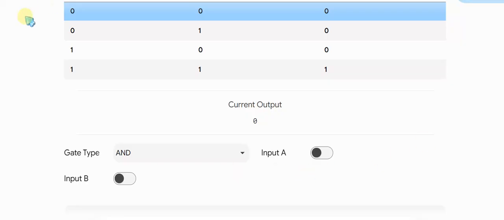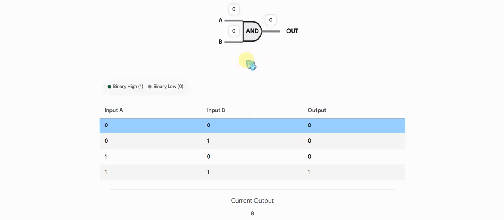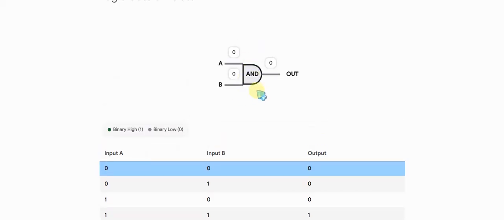Low state means this is called 0. High state means it will be 1. So drawing this gate will not be very difficult. The reason is that every time you have to show A and B. For example, this time it is in the low state and there is no output. Actually, a low signal means low output also.